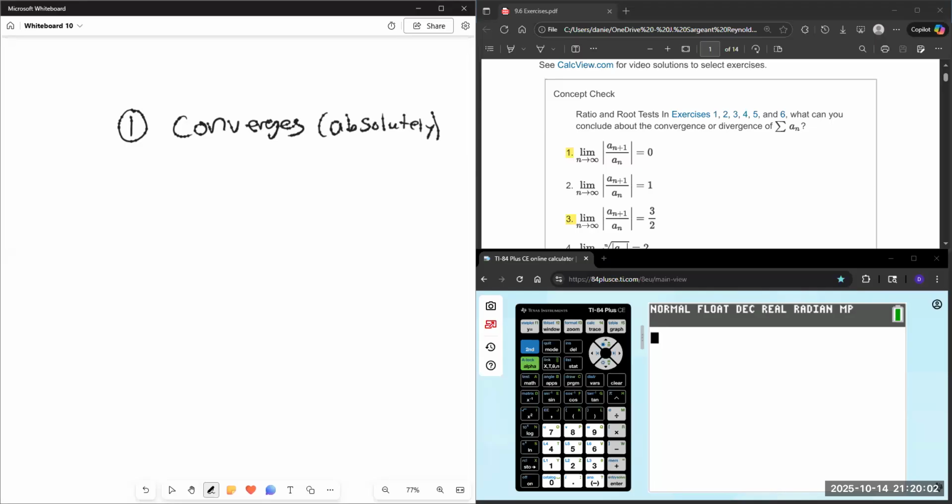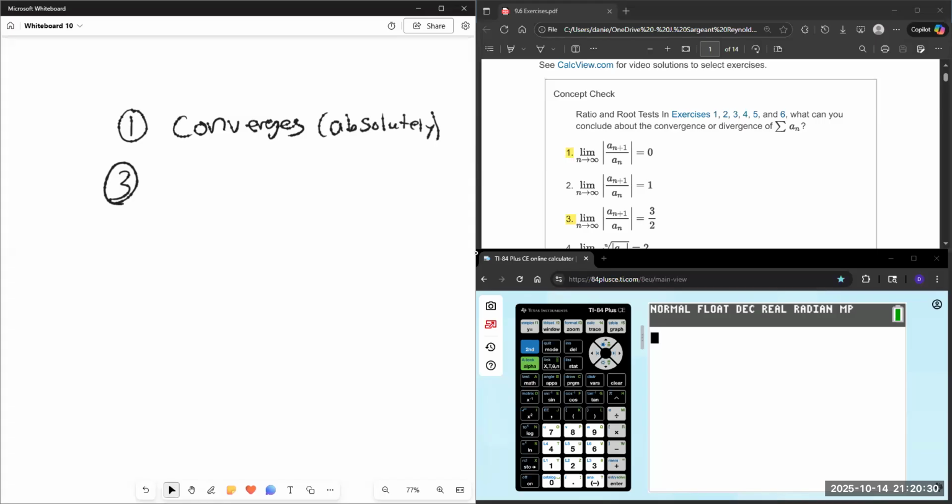So for 3, if it equals 3/2, we're comparing this to the idea of the r in a geometric series, that if it's between 0 and 1, it's going to be convergent. It can include 0 because if I add up all zeros, then it'll be 0, which is convergent.